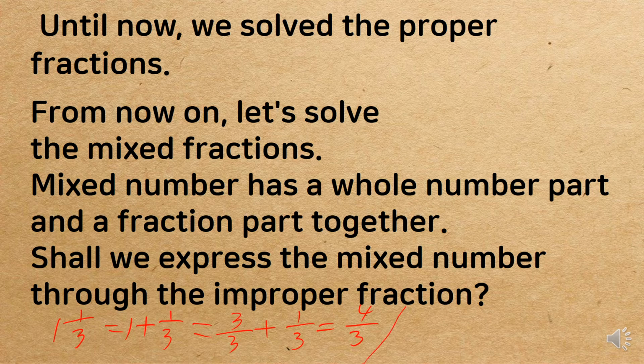Another one, 3 and 5 over 7: make the denominator the same, then 3 times 7 equals 21 over 7, plus 5 over 7 equals 26 over 7.